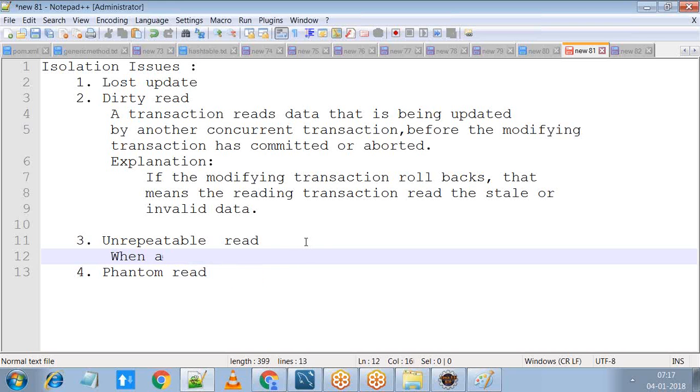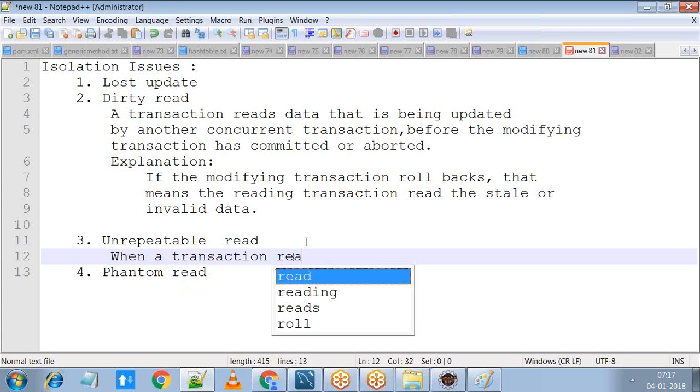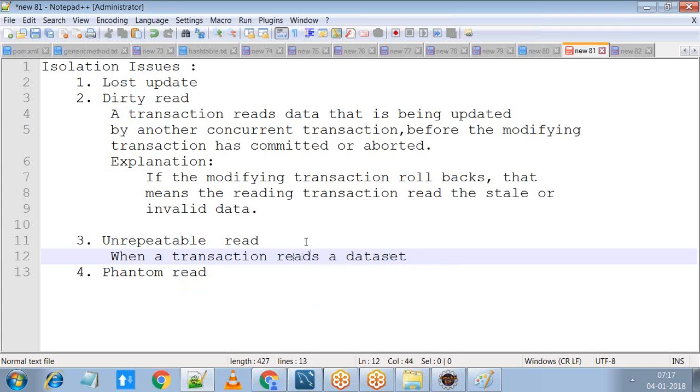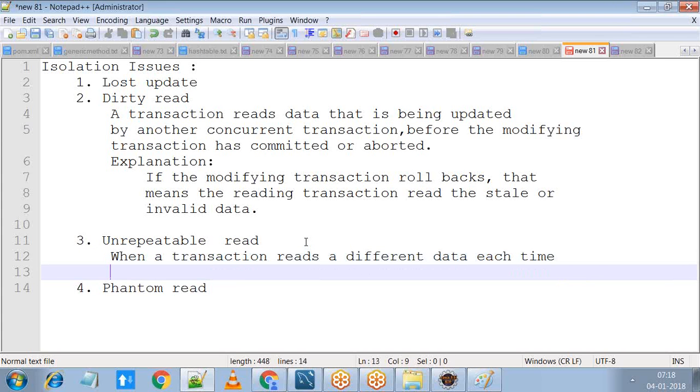You see, unrepeatable read means when a transaction reads different data each time it queries a particular data set.